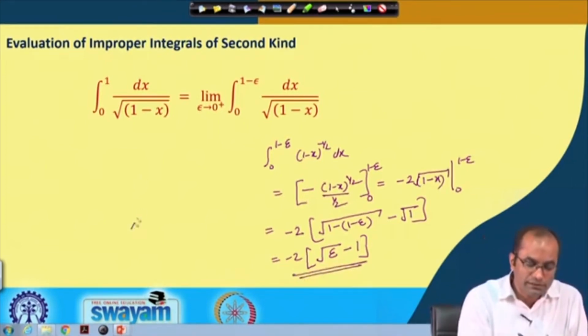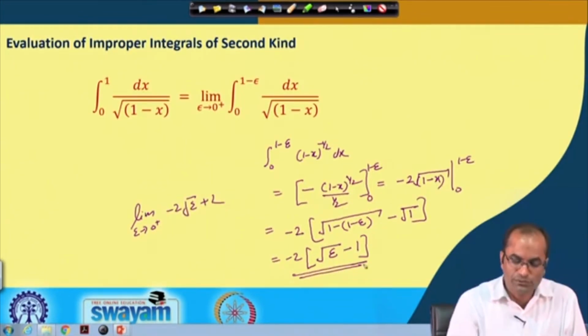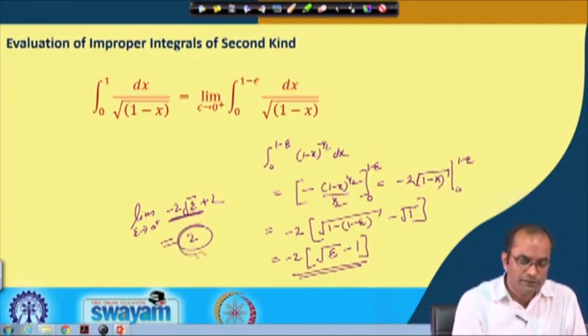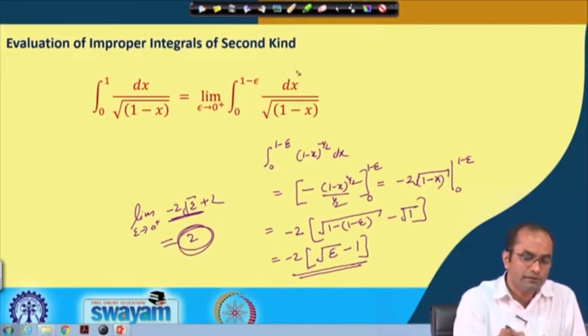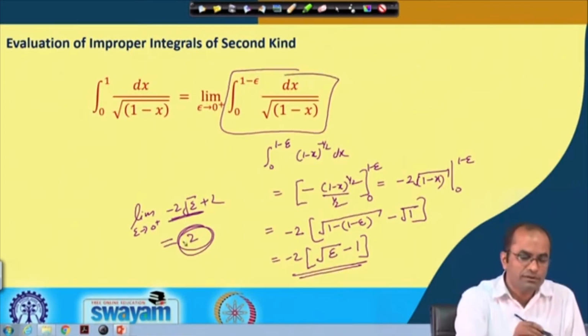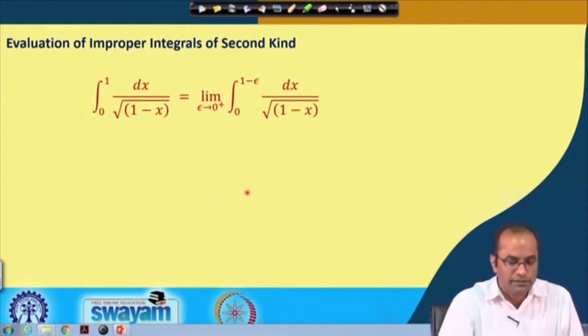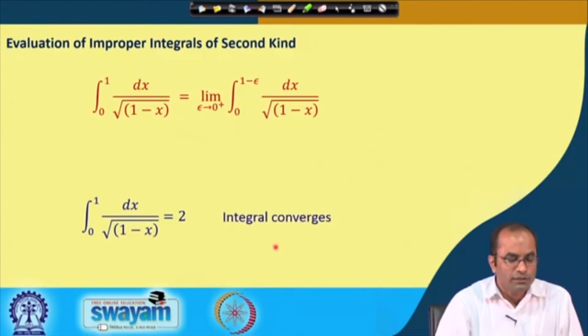Taking the limit as epsilon goes to 0 of minus 2 square root epsilon plus 2, as epsilon goes to 0, the limit is 2. So, the limit after taking the integral, the value comes to be 2 in this case. This integral converges and the value is 2.